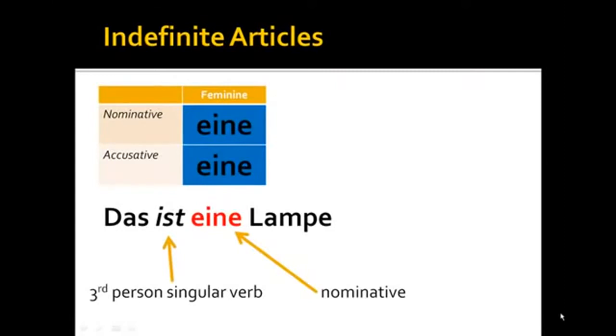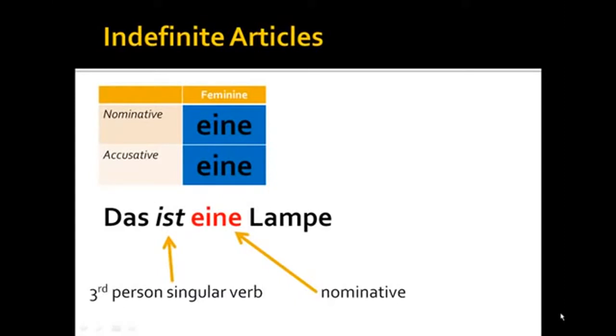And I also know that we're in the nominative case because with the verb ist, I'm talking about the lamp or a characteristic of a lamp, or I'm simply identifying the lamp as being a lamp. Therefore, there is no action performed in the sentence. So I'm going to be doing nominative case. Das ist eine Lampe. I'm going to use the nominative feminine form of the indefinite article, eine.